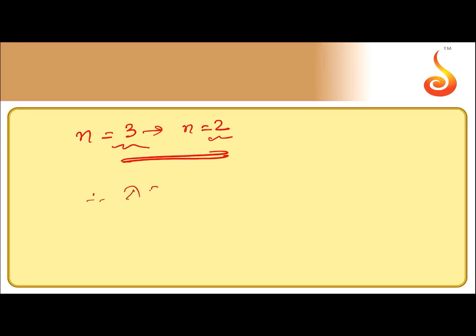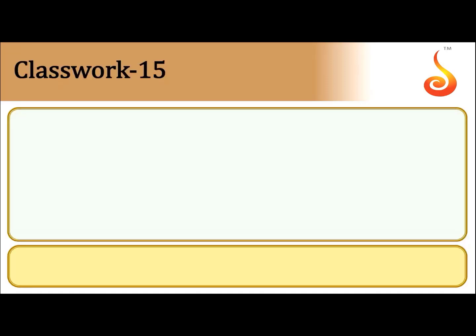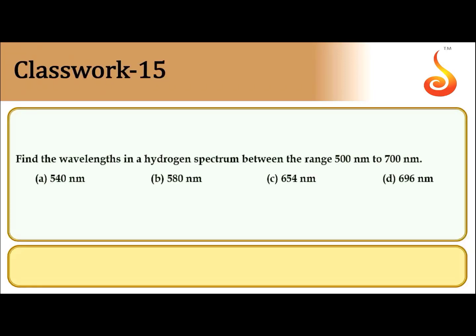And therefore, lambda is equal to hc divided by delta E. What is that? 1242 electron volt nanometer divided by delta E, which is 1.9 electron volt, and that is equal to 654 nanometer. So the corresponding wavelength is 654 nanometer.